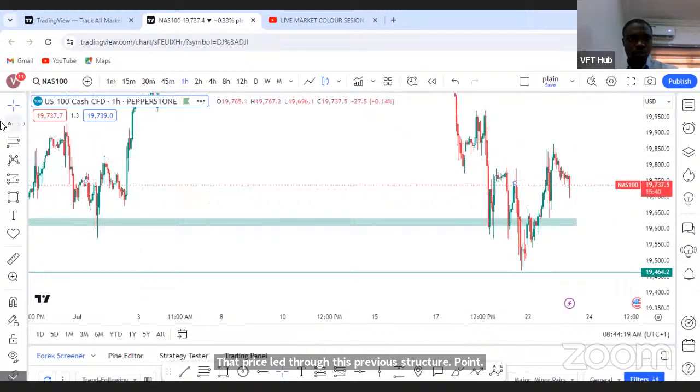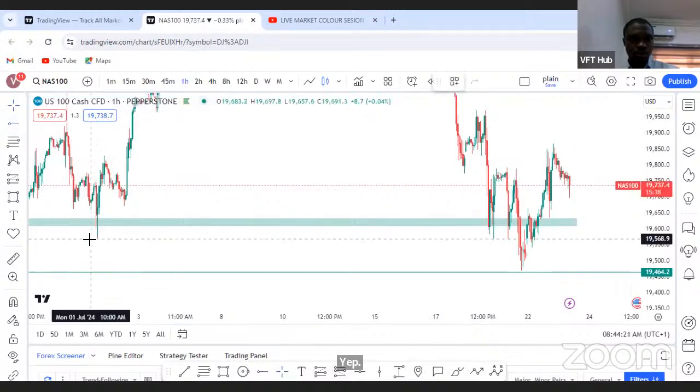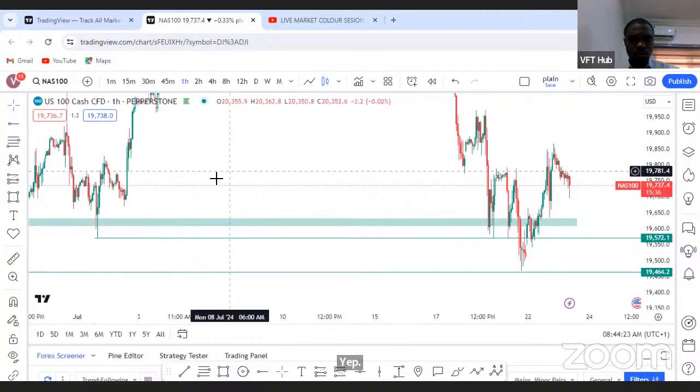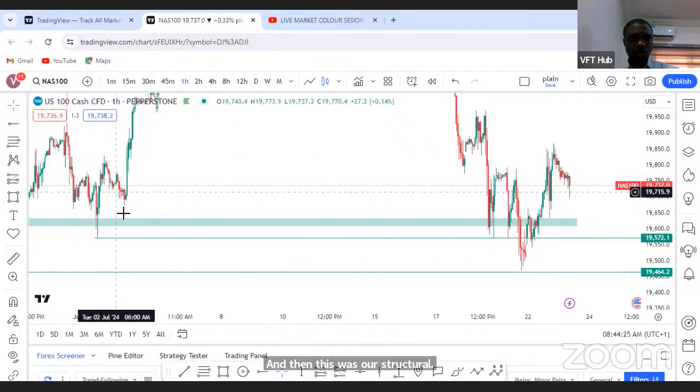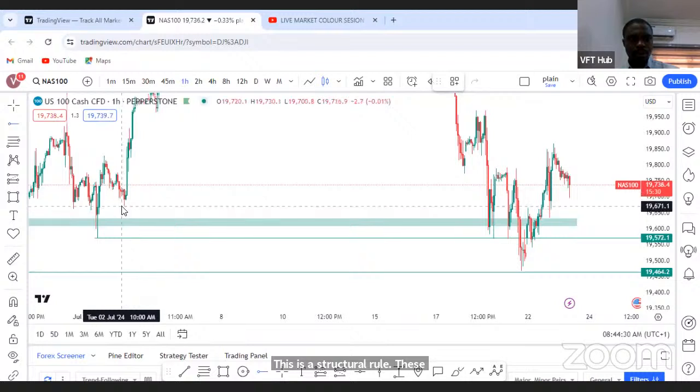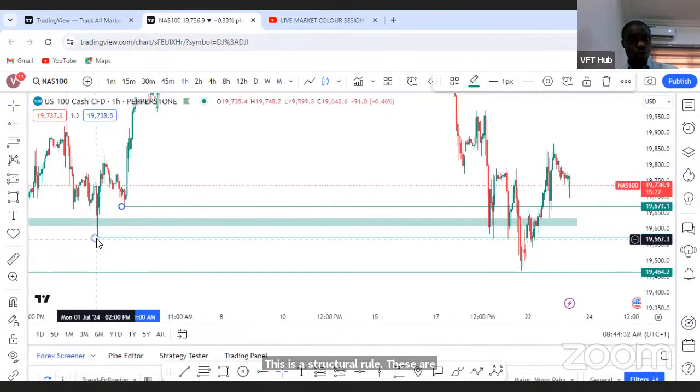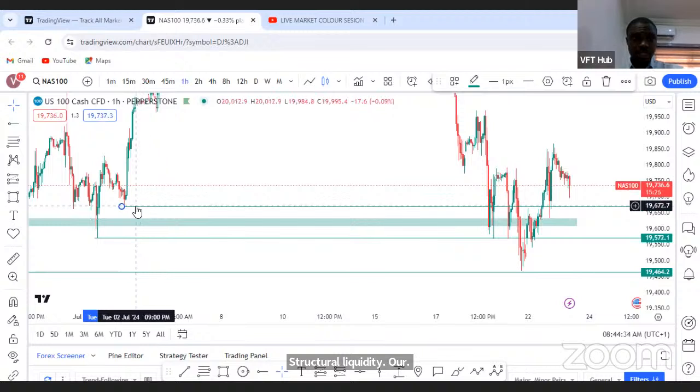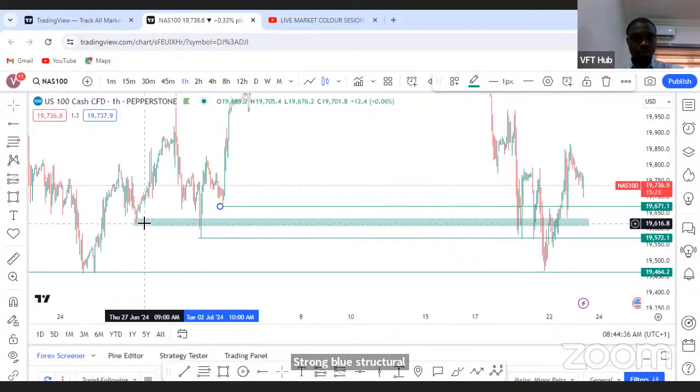And then this was our structural low. This was our structural liquidity, our strong low, structural liquidity that we expect to be cleared, and then price should trigger us in from here.